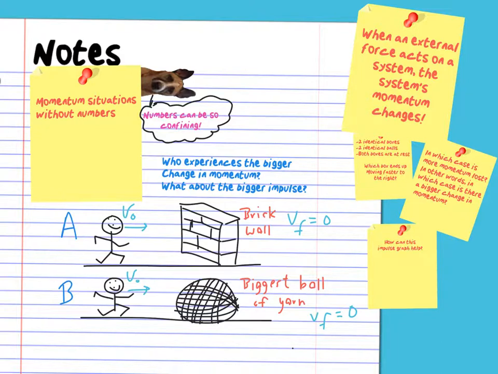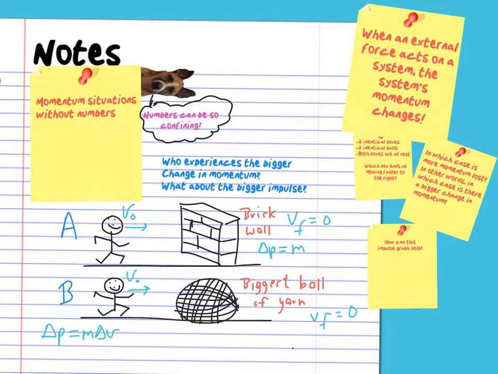All right, so let's see. Who experiences the bigger change in momentum? Well, change in momentum is m times the change in v. So the change in momentum for person A is going to be whatever his mass is, and they both have the same mass.